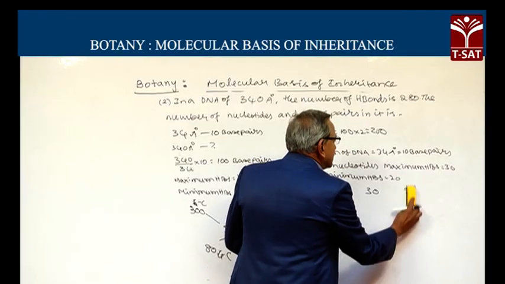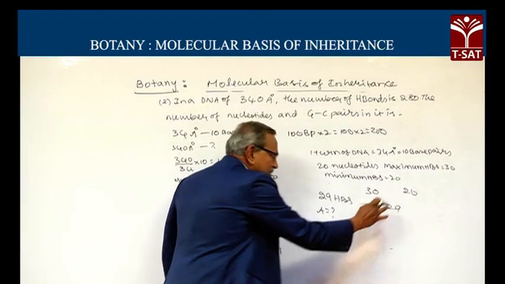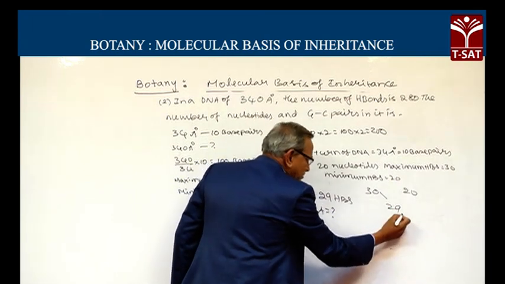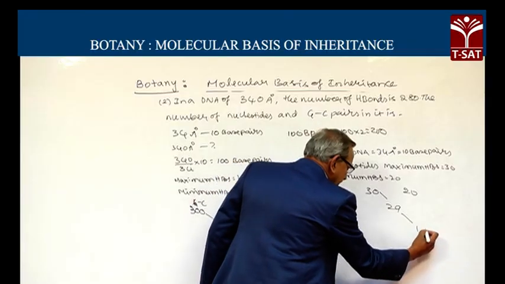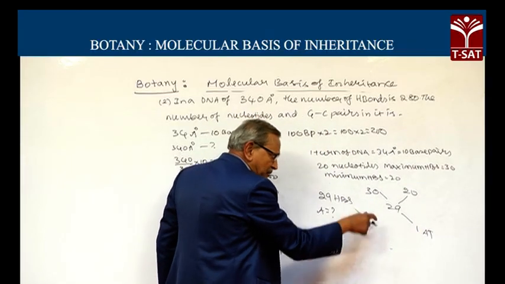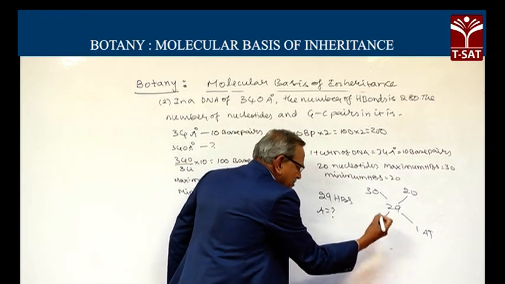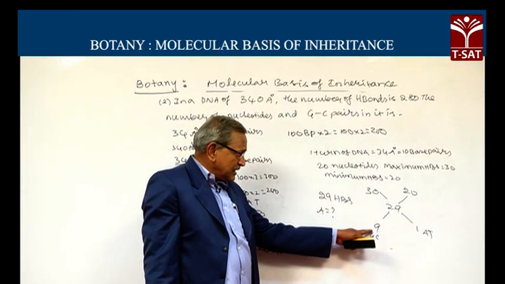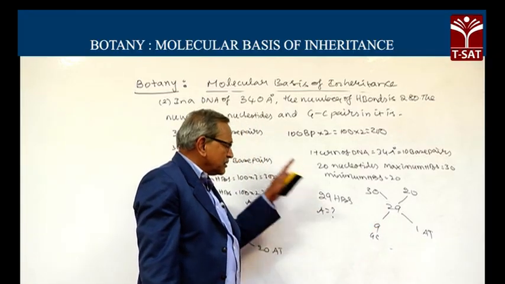Minimum figure 20. And what is our given figure? 29. So subtract 29 from 30, you have one AT pair here, and subtract 20 from 29, you have 9 GC pairs. So 9 into 3, 27, 1 into 2, 2, 27 plus 2, 29.